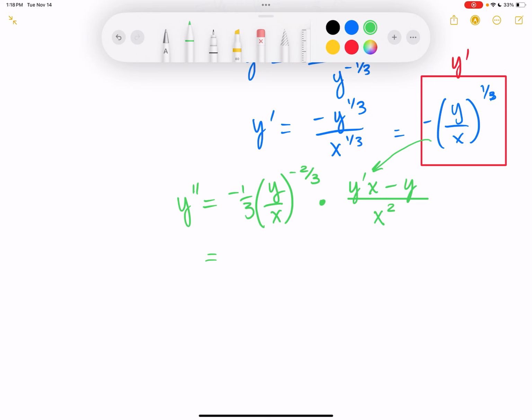Negative 1/3 times x over y to the 2/3 times negative y over x to the 1/3 times x minus y over x squared.